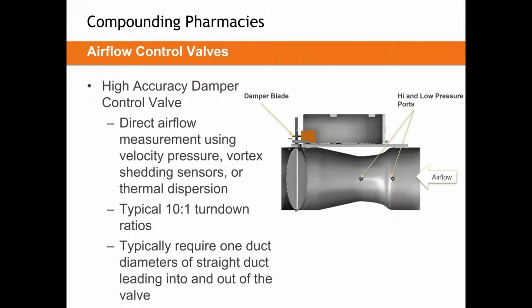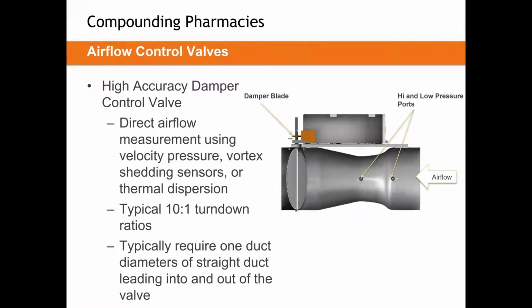On a biological safety cabinet, if we're going to use a high-accuracy terminal and hold it at a constant volume, that's the same equipment that's required to do full VAV control, and the same equipment required to do 2-position control. So this would not be the most cost-effective solution as far as first cost goes.